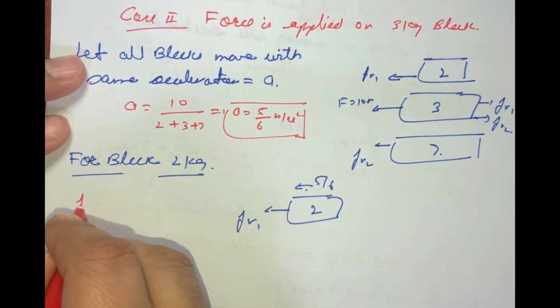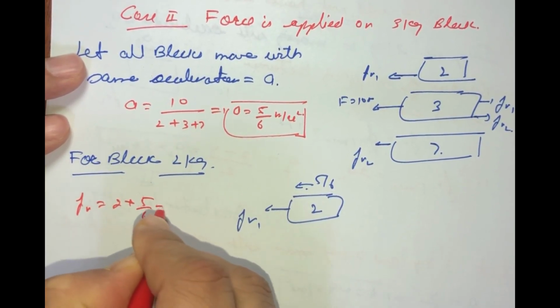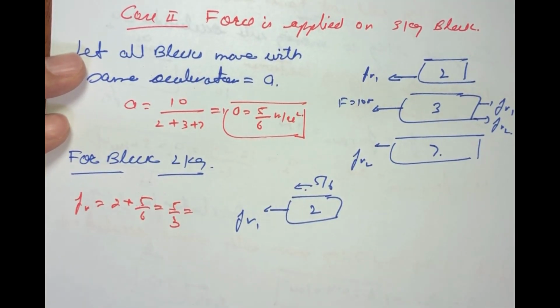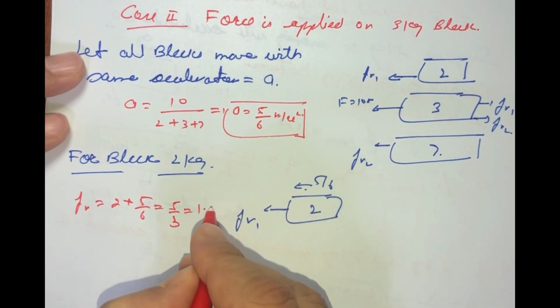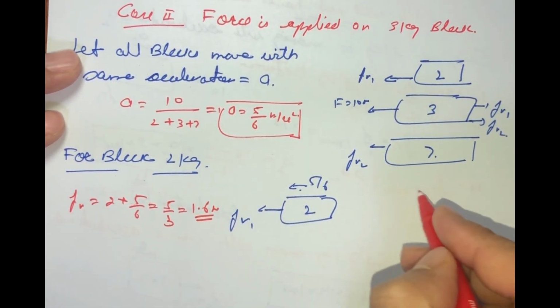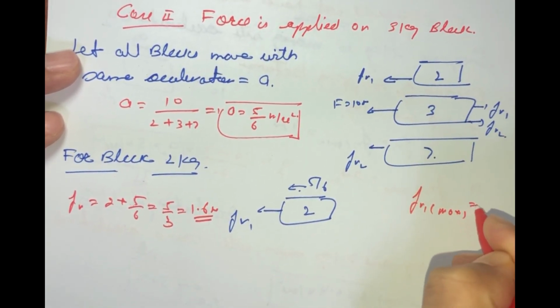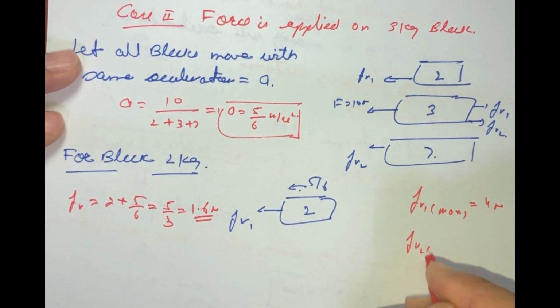You can see Fr1 will be equal to 2 into 5/6, which equals 5/3, approximately 1.6 Newton. And we already know that Fr1 max we calculated is 4 Newton, and Fr2 max is 15 Newton.